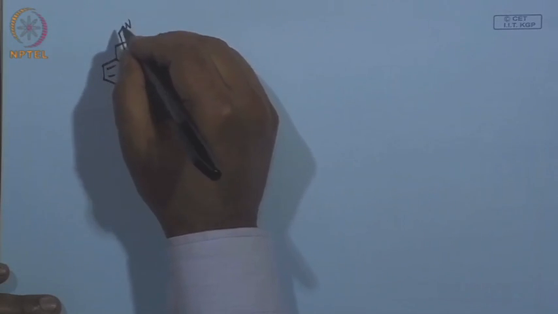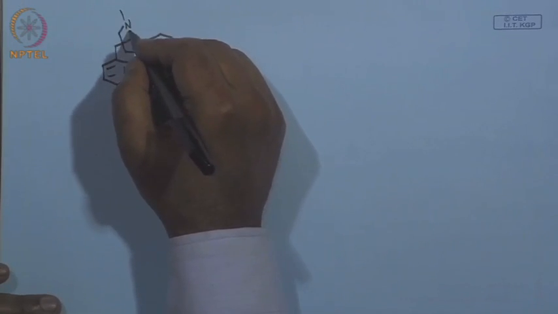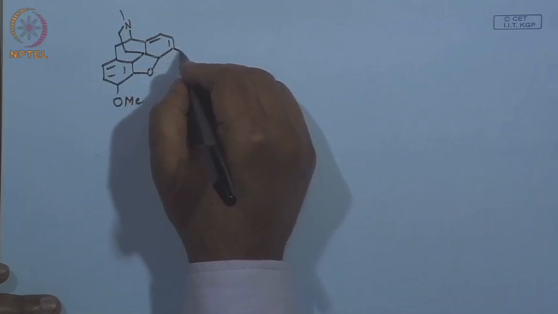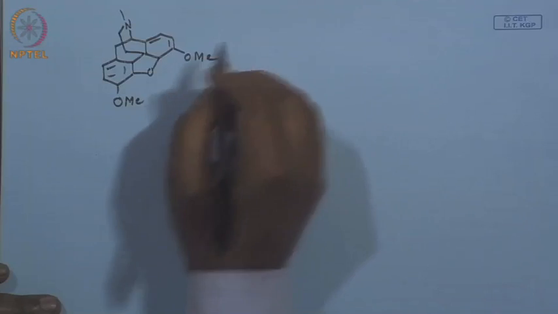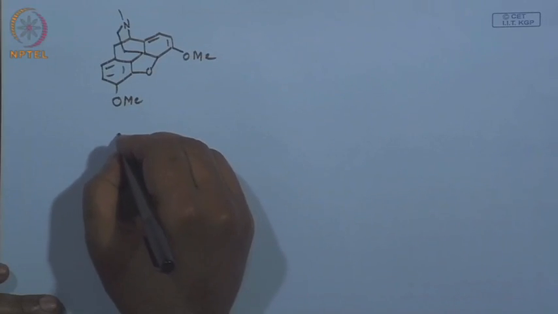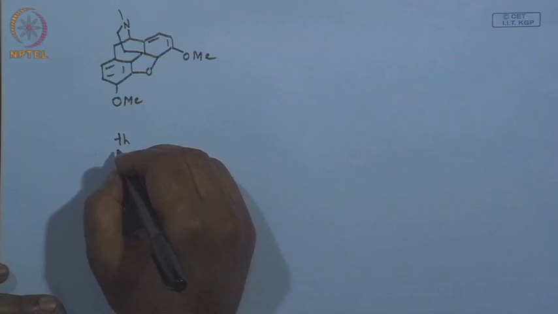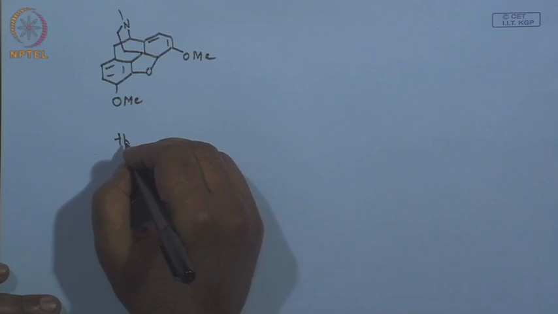2 carbon and this. And you ought to know this name. This is a very famous name in morphine chemistry. No, strychnine is indole. This is morphine.